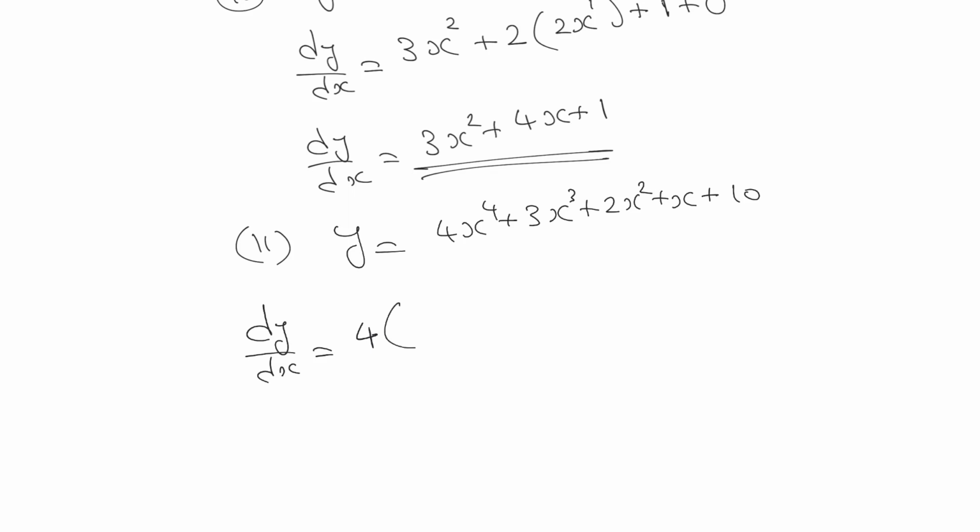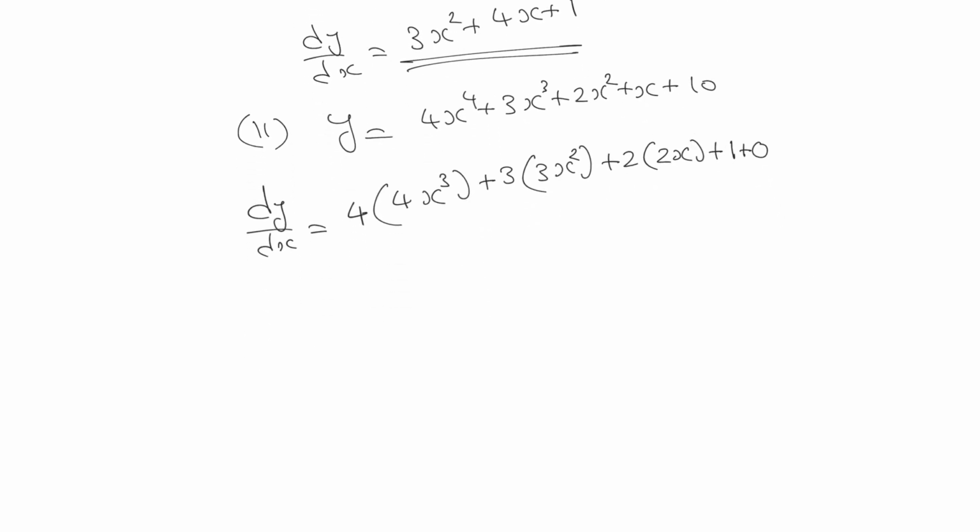Now we'll go for differentiation of x raised to 4, that is 4 into x raised to 3 plus 3 is a constant. Now differentiation of x raised to 3 is 3x square plus 2 is a constant. Differentiation of x square is 2x plus differentiation of x is 1 plus differentiation of 10 is 0.